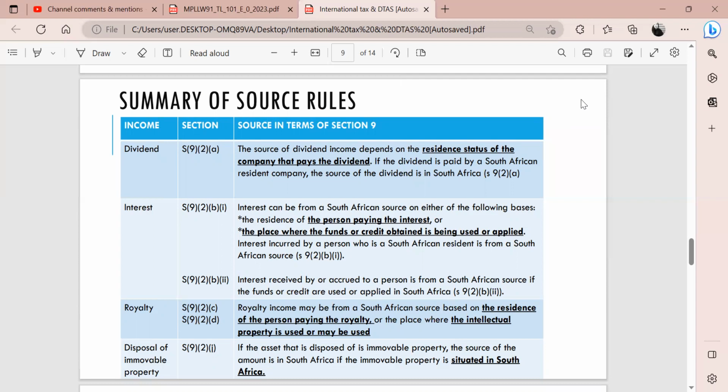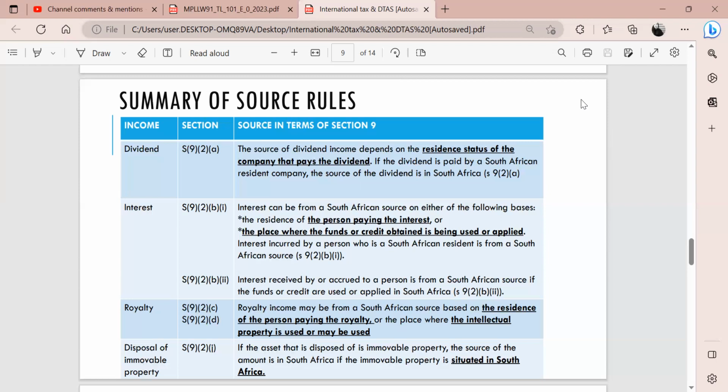If the dividend is paid by a South African resident company, then the source of the dividend is in South Africa. So if you receive a dividend income from a South African resident company, that makes that dividend a local dividend if you are in South Africa.